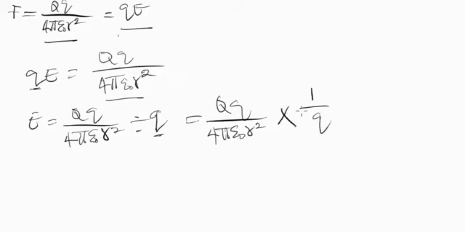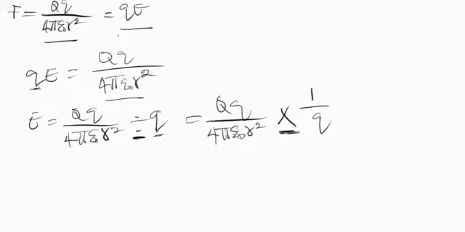Now the reason I'm using the reciprocal of this here is because of the change of the sign here. Now notice that I changed my division sign to a multiplication sign here. So I'll have to use the reciprocal of this.